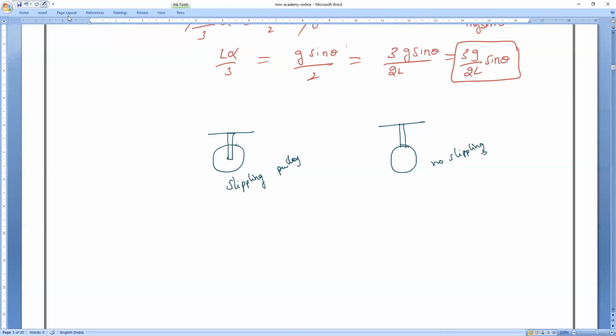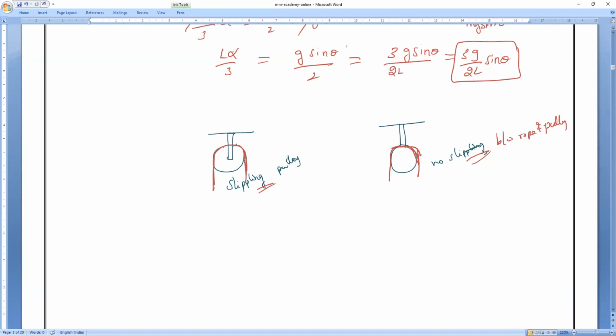Now if I put the rope on this pulley, tell me, is it possible that the rope will slip on this pulley? And in this case, is it possible for the rope to slip? Here, there is no slipping between the rope and the pulley, and here slipping is there between pulley and rope.